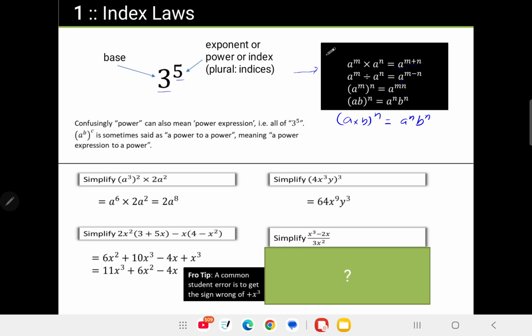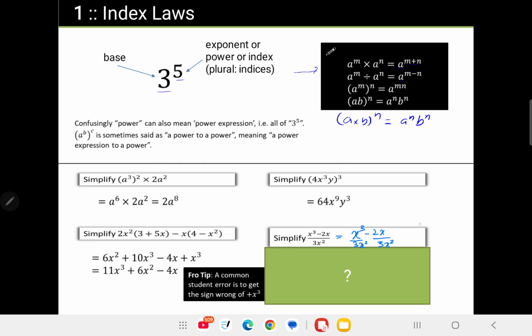Okay, so the next example is x cubed minus 2x over 3x squared. If you split the fraction here, it will be x cubed minus 2x, so you can write x cubed over 3x squared minus 2x over 3x squared.